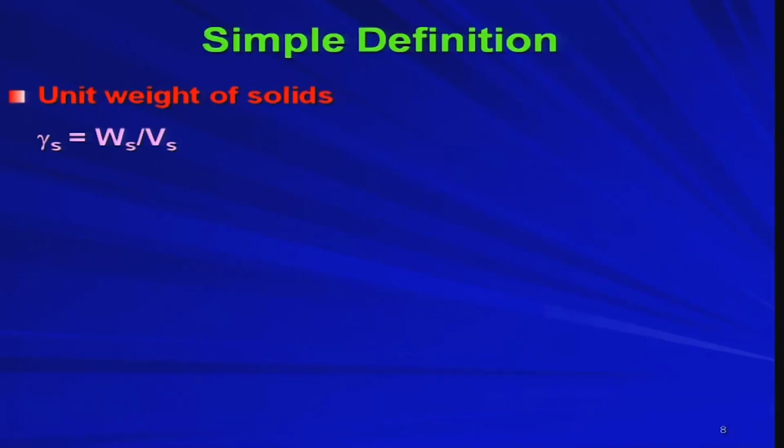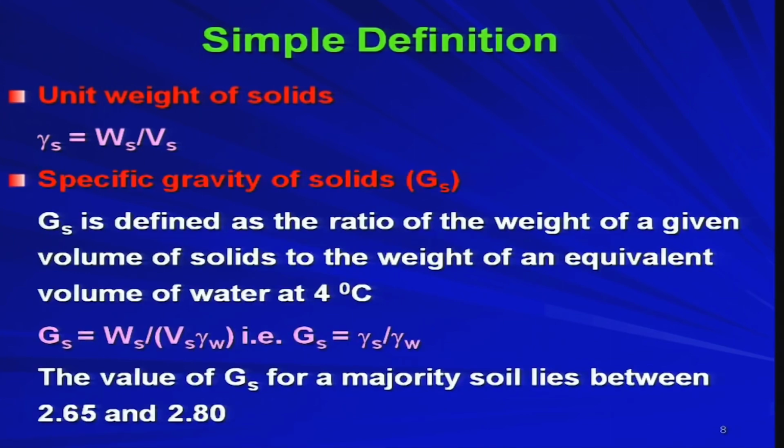Then unit weight of solids, only solids. If we are considering only soil solids, then what should be the unit weight? That is defined by gamma S, which is equal to Ws by Vs. Then specific gravity of solids, defined by Gs. Gs is defined as the ratio of the weight of a given volume of solids to the weight of an equivalent volume of water at 4 degrees centigrade.